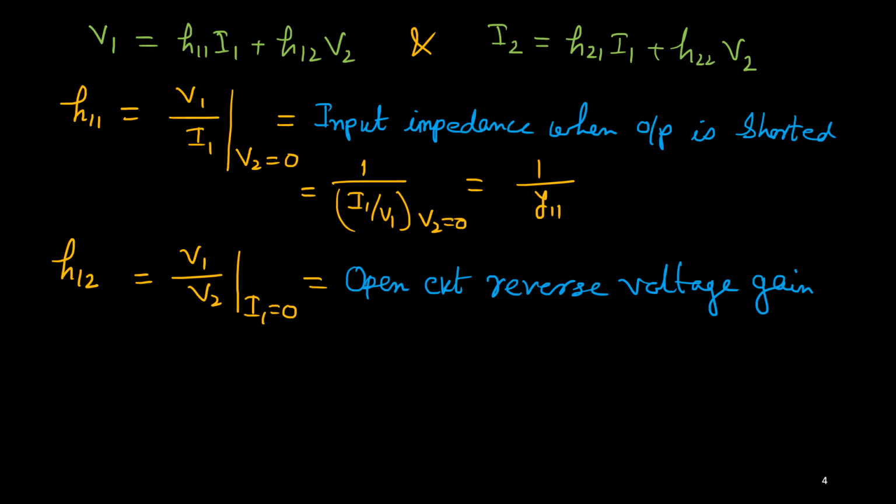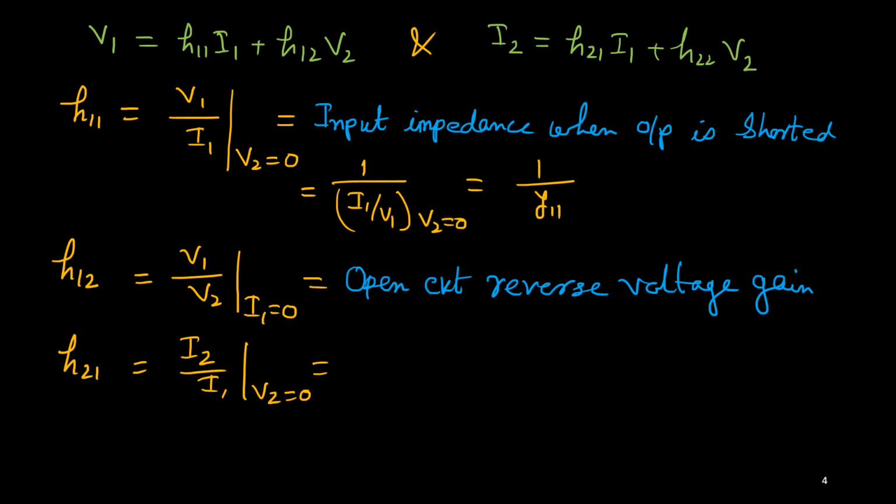Then H21. What is H21? We get H21 from this equation. I have to make this part 0, which means V2 equal to 0. So H21 is simply I2 upon I1 under condition V2 equals 0. V2 equal to 0 means short circuit.